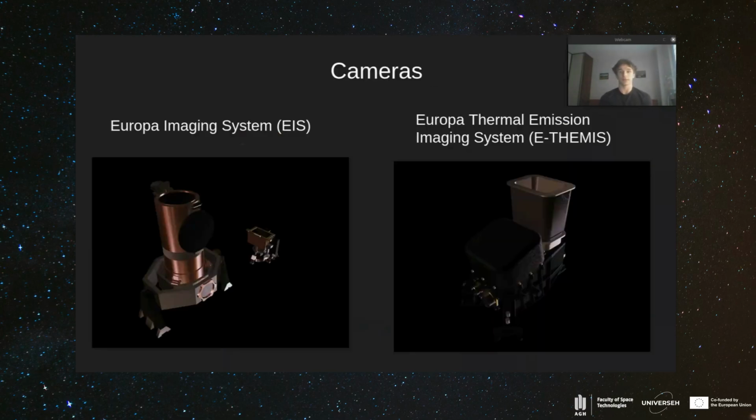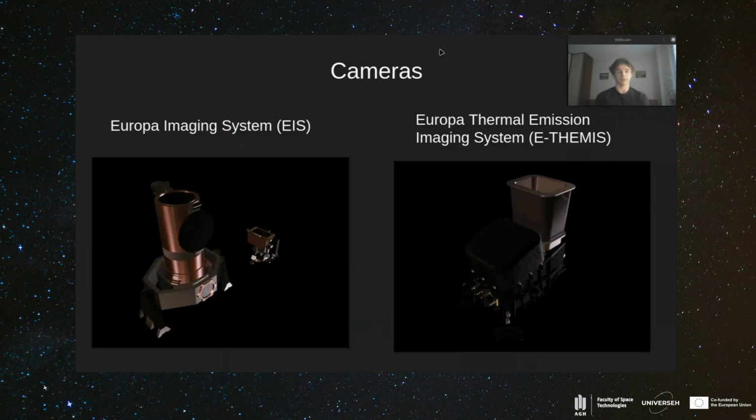So the first category are the cameras, and we have EIS and E-THEMIS. You can see here on the presentation, those are the 3D computer models from Jet Propulsion Laboratory.